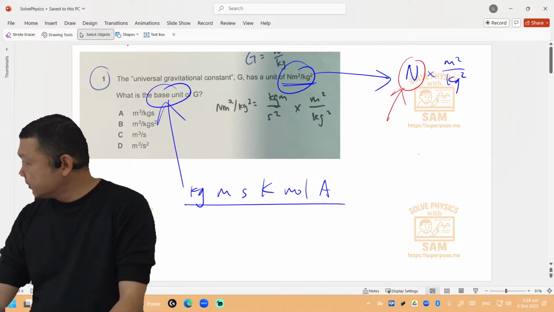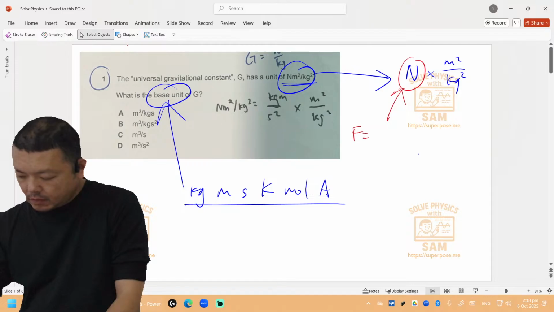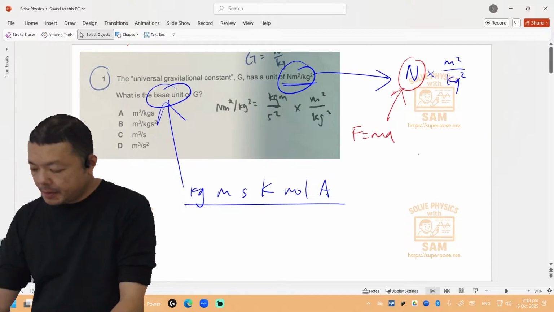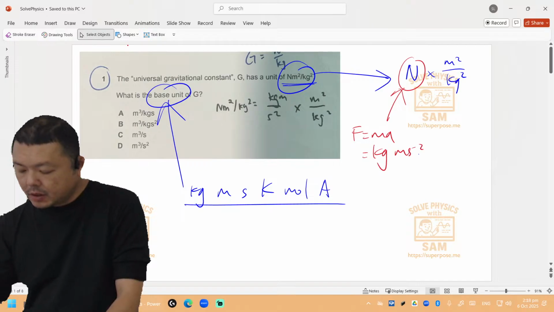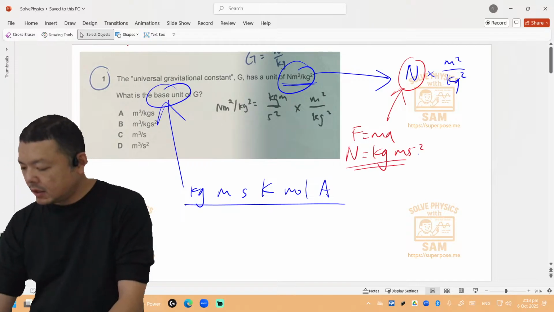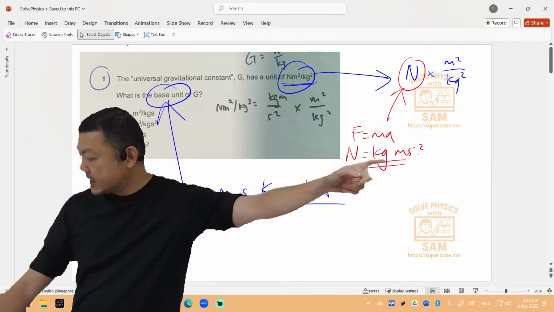Hayden? F equals ma. Okay. What is mass? Mass is kg. Acceleration is m s^-2. Which also means that newtons in base units is kg m s^-2.